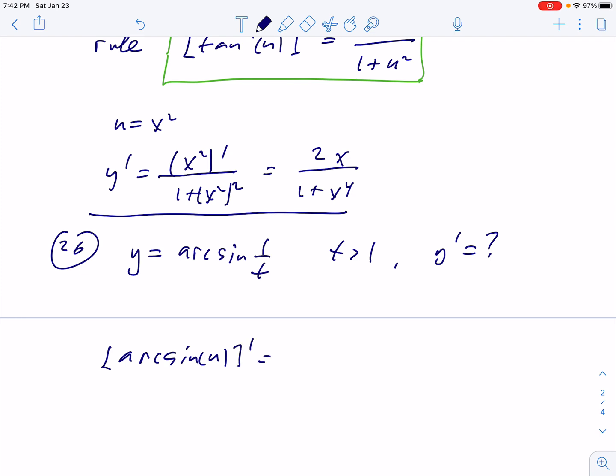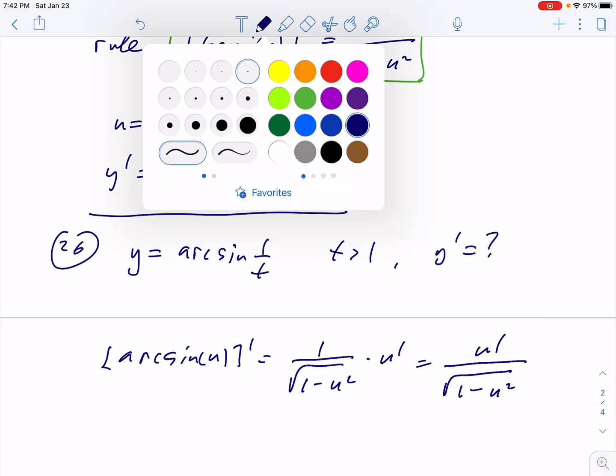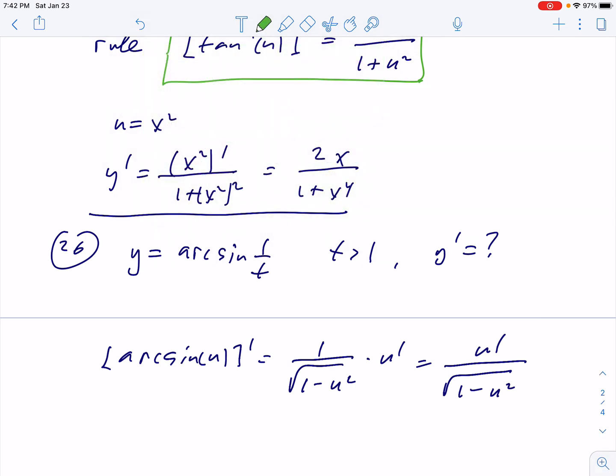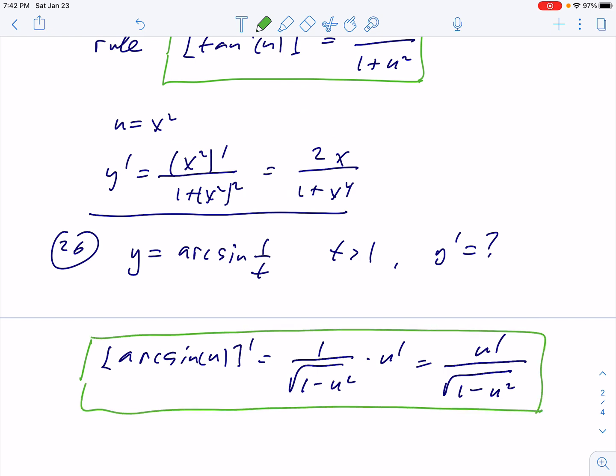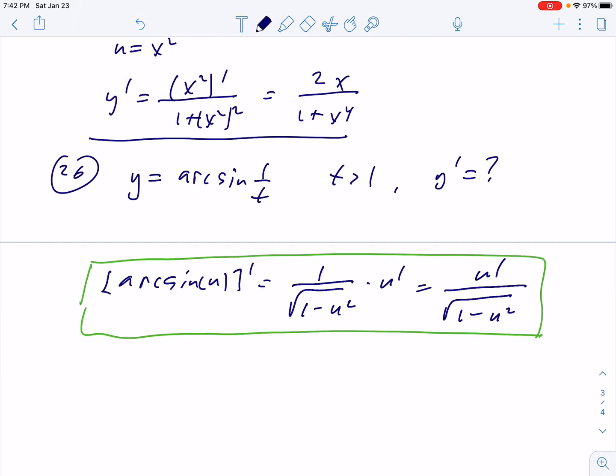So this will be 1 over root 1 minus u squared, differentiating with respect to variable u, times u prime. So that's u prime over root 1 minus u squared. Another green formula, an important rule for differentiation. And then we apply it to our case.